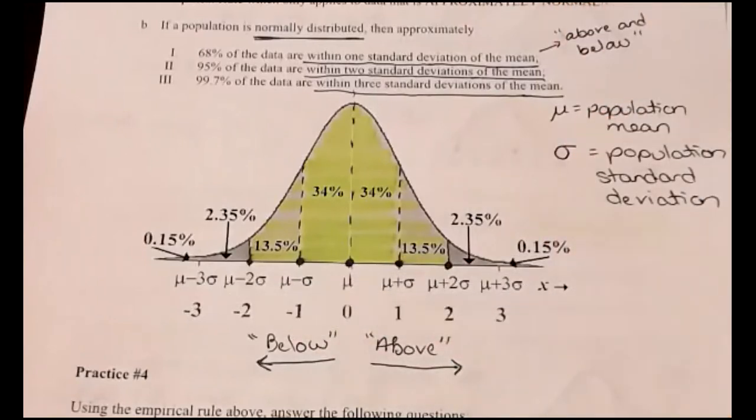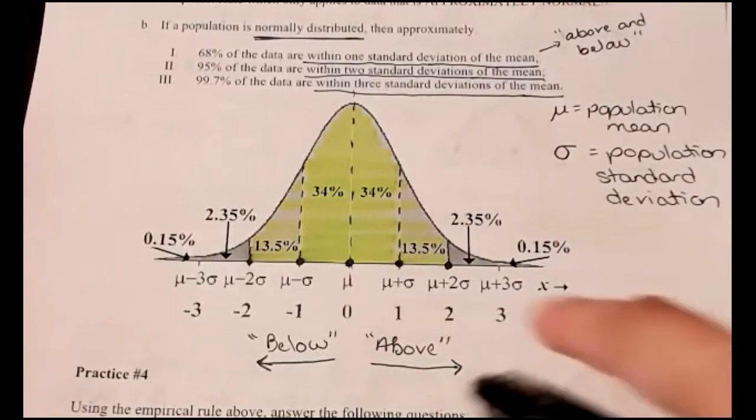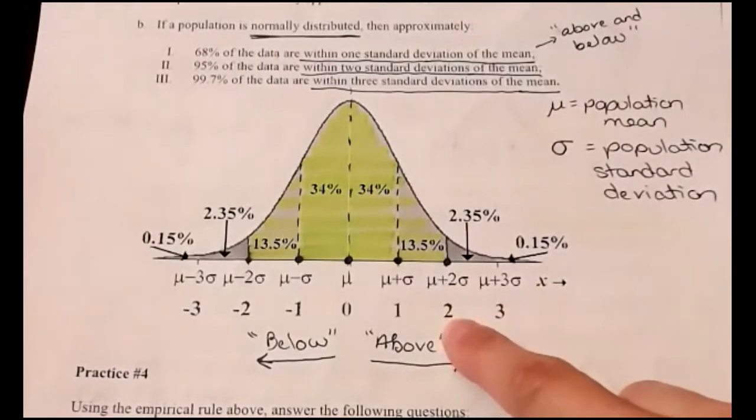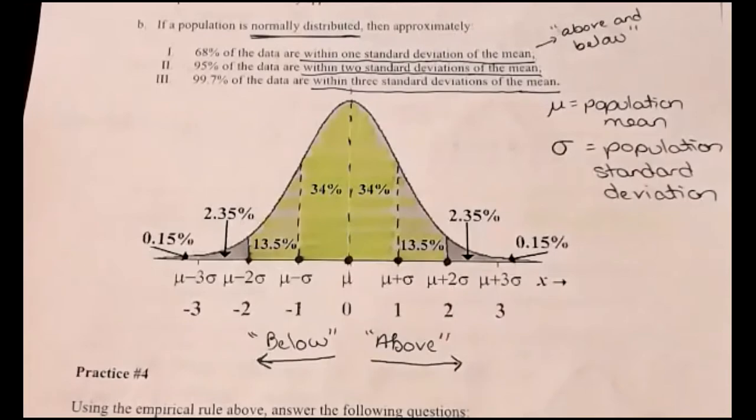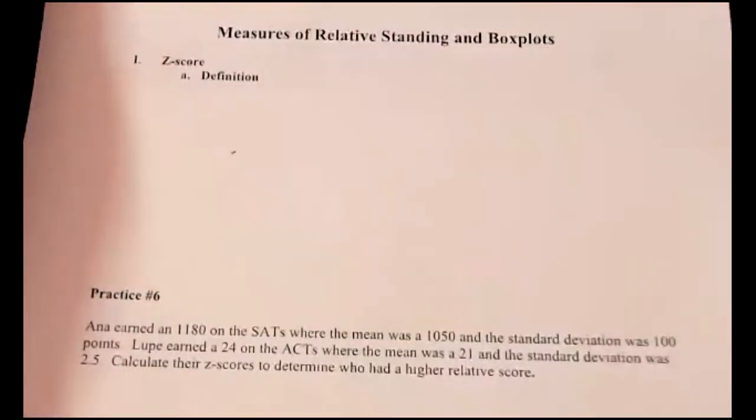When we were breaking this down and saying this is 2 standard deviations above the mean, this also indicates that it has a z-score of 2, right? We wanted to have that dialogue so that I can get you ready for our next section, and we'll understand more about z-score.